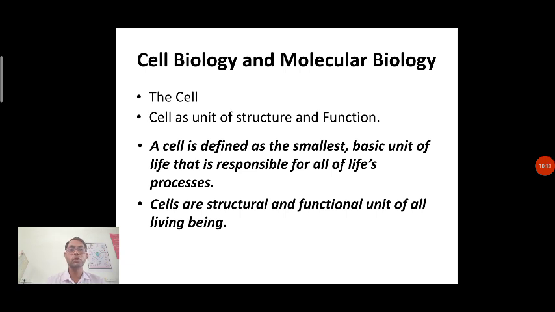Now this is the most important concept to be remembered, that cells are known as the structural and functional unit of living beings or life. Now how and why is this terminology used? Suppose we look at a building made up of cement and bricks. In a building, what is required? Cement is required and bricks are required.